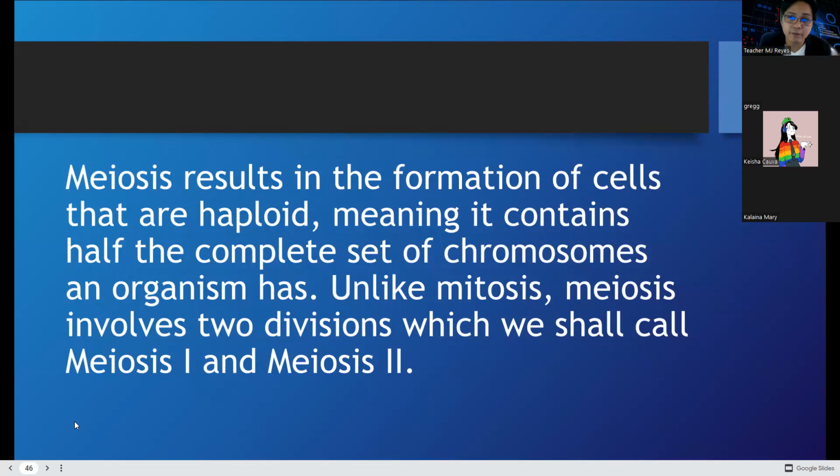Once they have the union, the formation of the zygote, it will become one, but with a combination of the sperm and the egg. That's the reason behind it. Unlike mitosis, meiosis involves 2 divisions. Take note of the divisions, which we shall call meiosis 1 and meiosis 2.